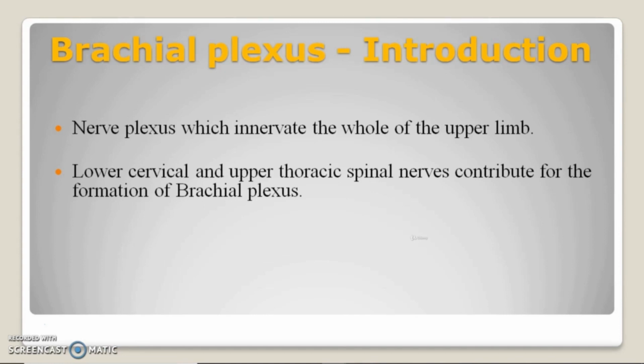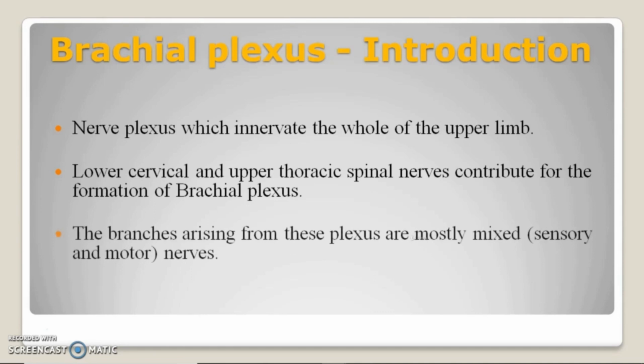So these are the 5 spinal nerves which contribute to the formation of the brachial plexus, that is C5, C6, C7 and C8 spinal nerves along with the T1 spinal nerve. These 5 nerves are important nerves which give a plexus formation to supply the upper limb region, and this again will have some branches.